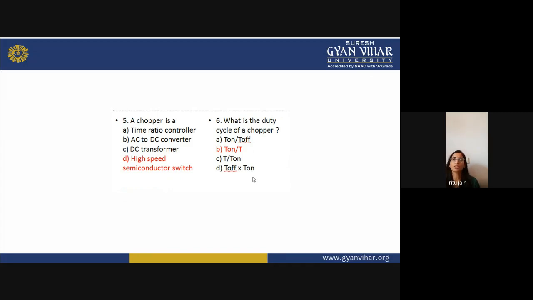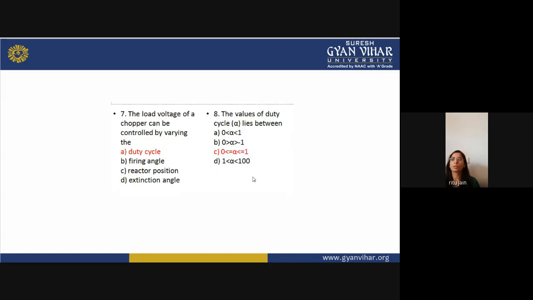Now next question is, what is the duty cycle of a chopper? So the duty cycle of a chopper is equal to T on upon T. Next question is, the load voltage of a chopper can be controlled by varying duty cycle, firing angle, reactor position, or extension angle.